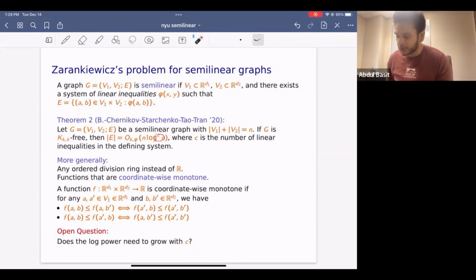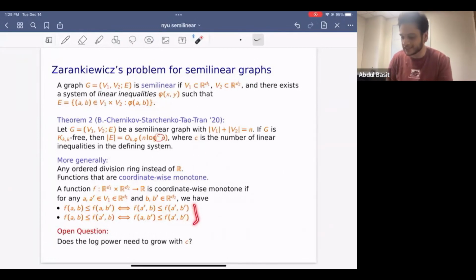Actually the theorem we get is a little bit more general. What we do is work over any ordered division ring instead of the real numbers. We also consider functions that are a lot more general, which we call coordinate-wise monotone functions. Very roughly, what it says is that if you restrict to either coordinate, then for any value you plug into the first coordinate, the ordering you get on the second coordinate is the same.